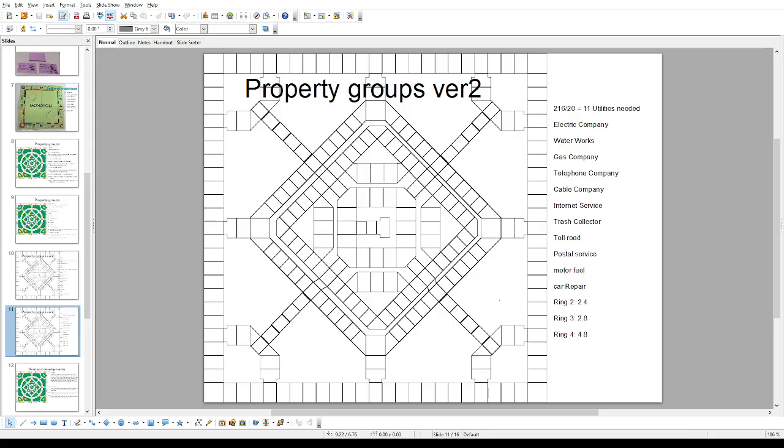The idea I had was to make a wedge of the board and give it Vietnamese names, like this property group here, this group here, maybe these two groups here, and these two groups. Just make all of those have Vietnamese names.